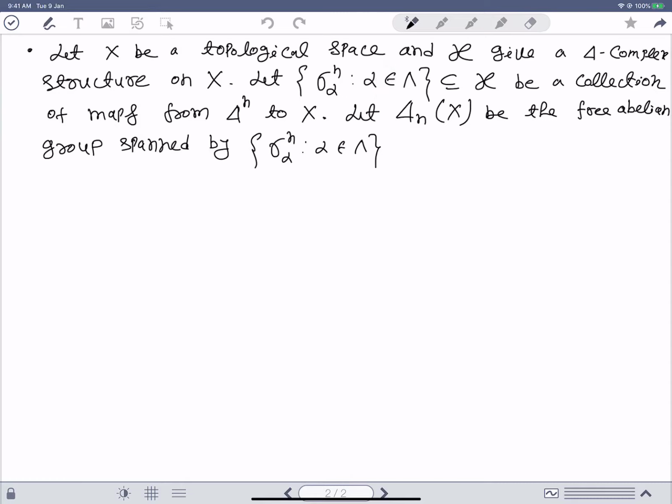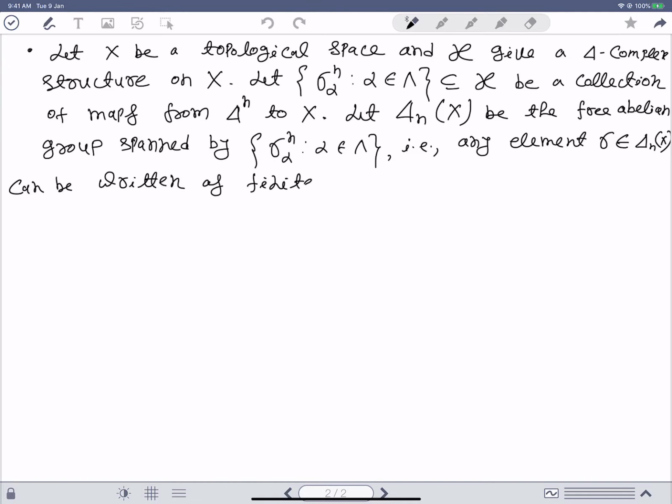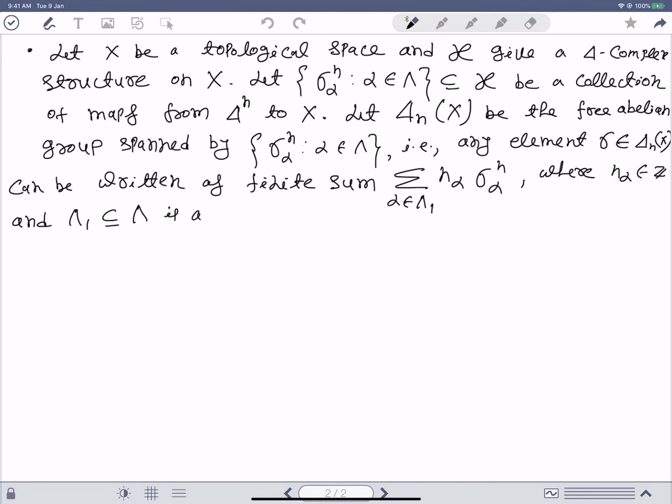Okay, that is, any element, say sigma, belonging to that delta n X, can be written as a finite sum, say the summation over alpha belonging to some lambda 1, of n alpha sigma n alpha, where this n alpha belongs to Z, that is integers, and this lambda 1 is a subset of lambda, a finite set.